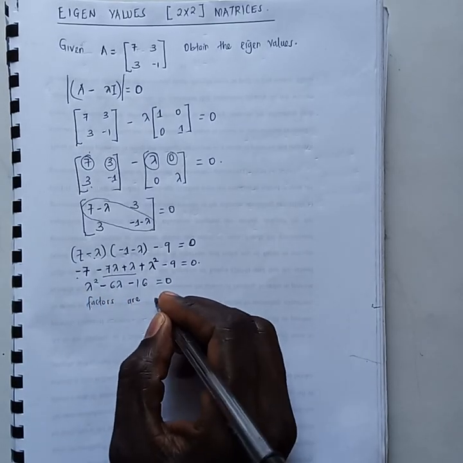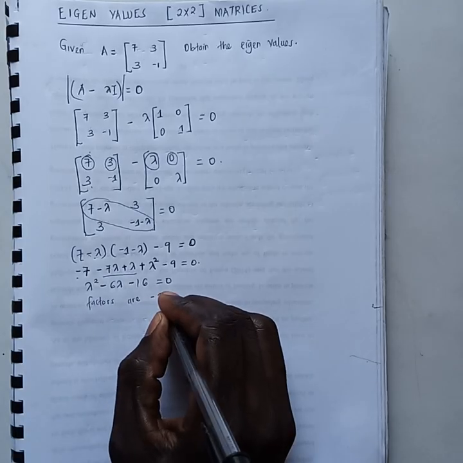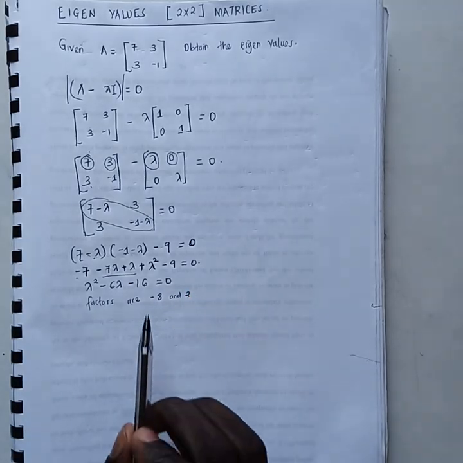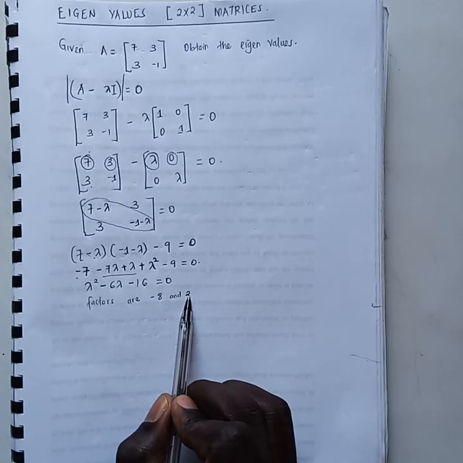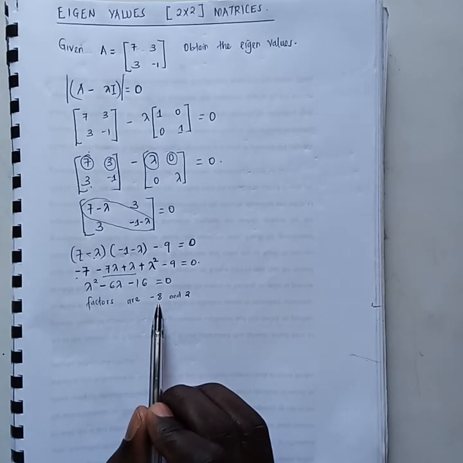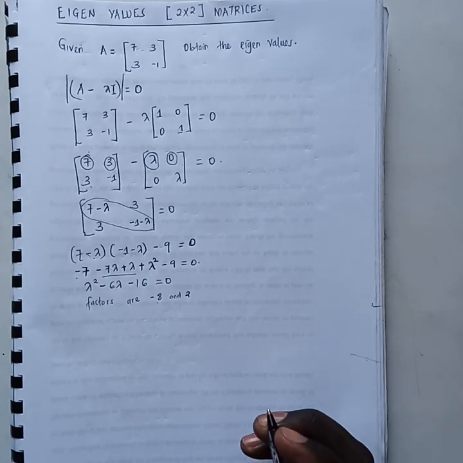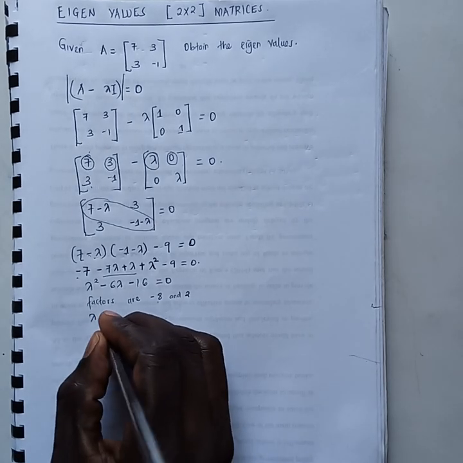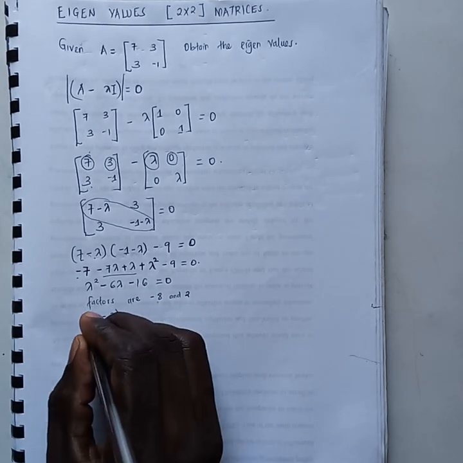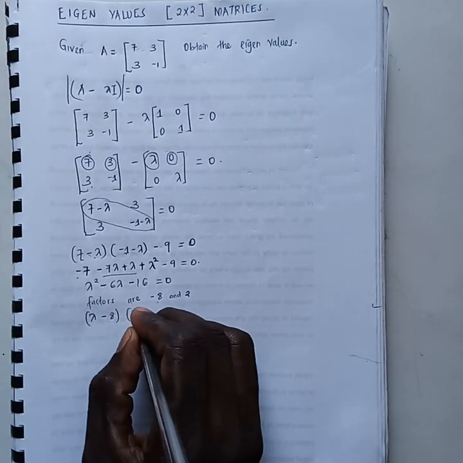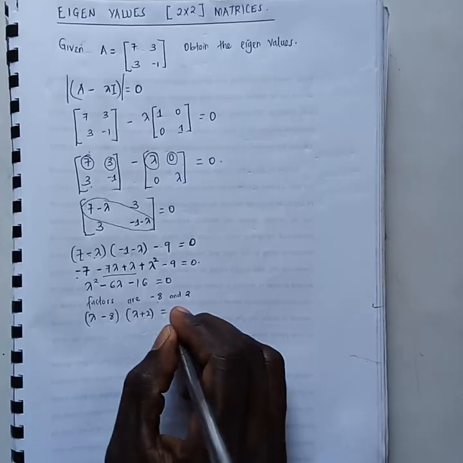The factors are, I can call them negative 8 and positive 2, because negative 8 multiplied by positive 2 is negative 16, and negative 8 added to 2 is negative 6, meaning we are correct. So you're going to say lambda minus 8 and lambda plus 2 is equals to 0.